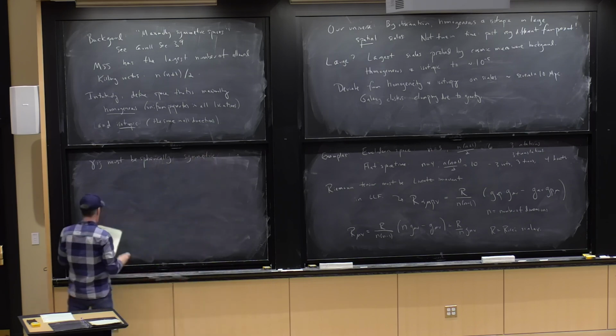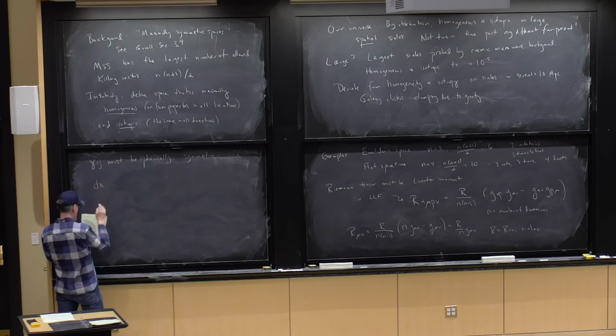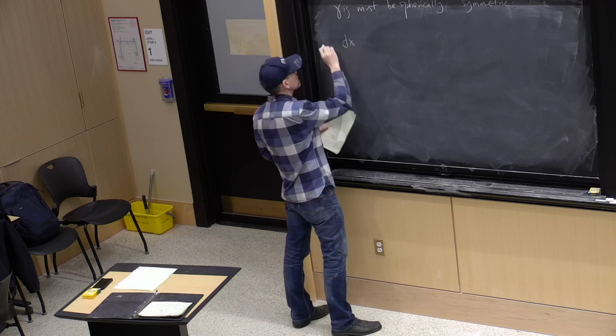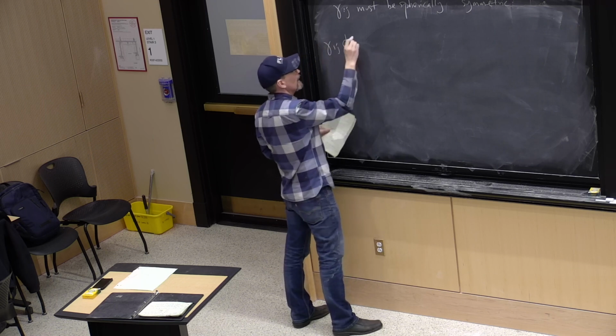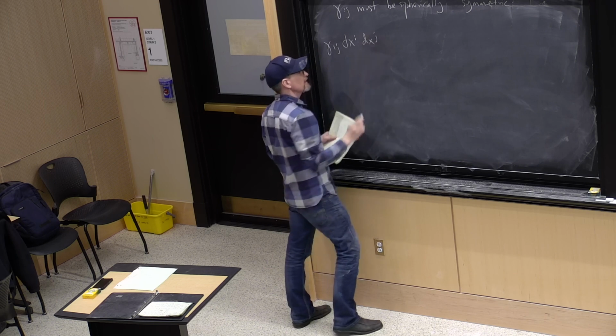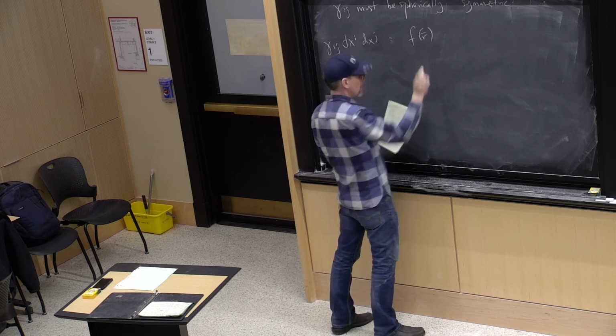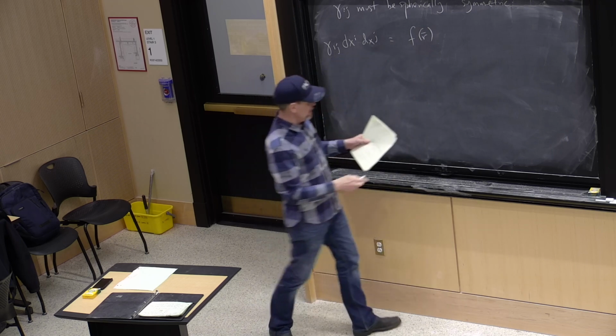So what this means is that when I compute gamma ij dxi dxj, it must be equal to some function of radius.